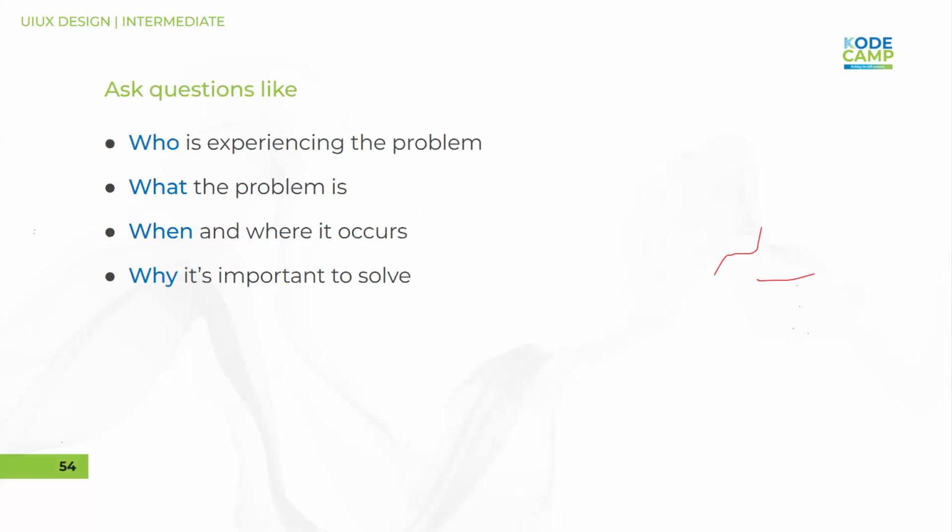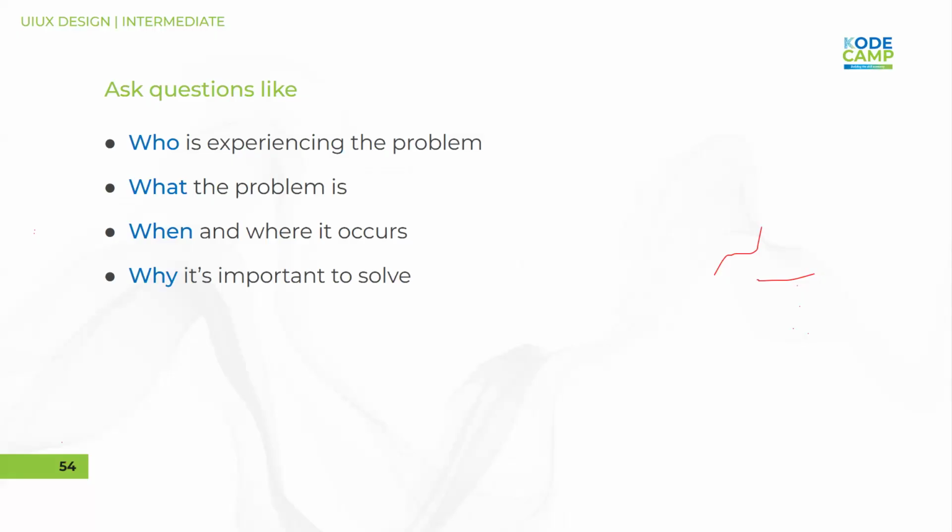So we should be asking questions like, who is experiencing this problem? What the problem is, when and where it occurred, why it's important to solve. So it should be like, who is struggling? What are they struggling with? And where and when did it happen? And why does it matter?